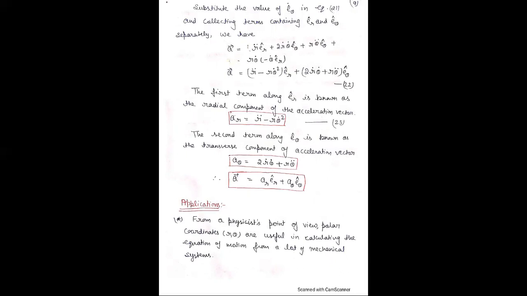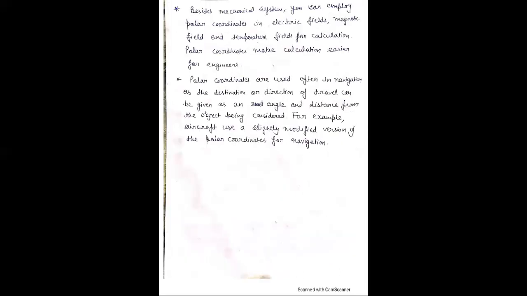Now what is the application of polar coordinates? Polar coordinates r theta are useful in calculating the equation of motion for a lot of mechanical systems. Also, you can use polar coordinates in electric fields, magnetic fields, and temperature fields for calculation. Polar coordinates make calculation easier for engineers.